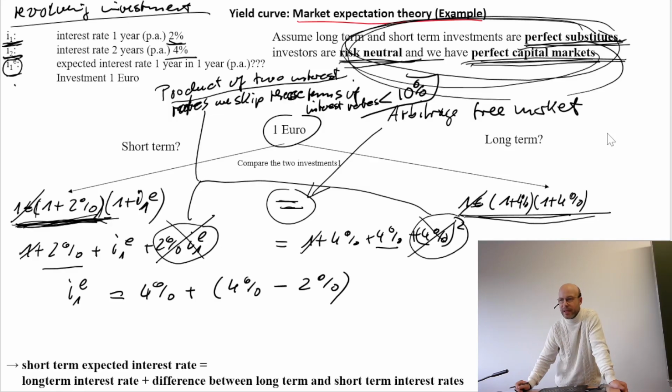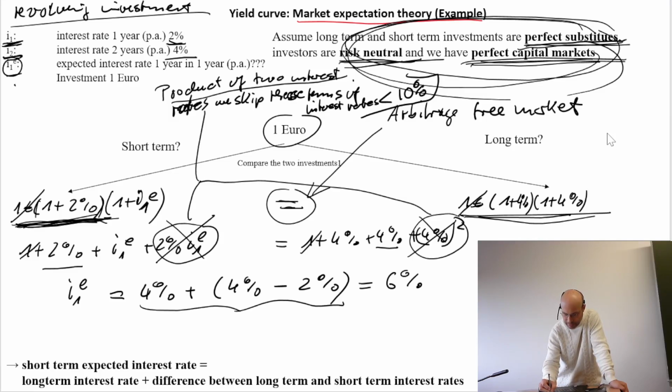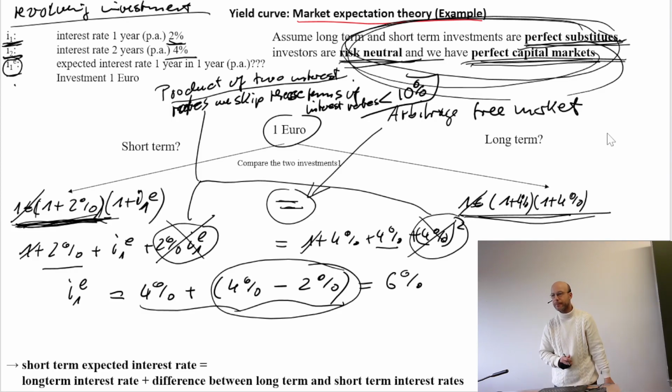Of course, you don't need mathematically this bracket, and we can calculate this, and then we will have 6%. But let me write it like this, and especially look at this one here.